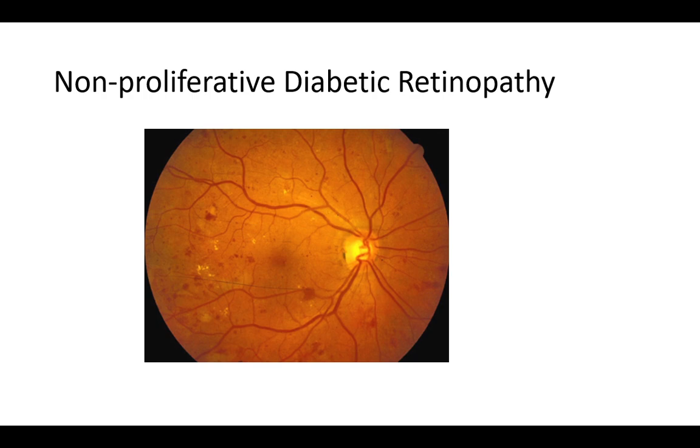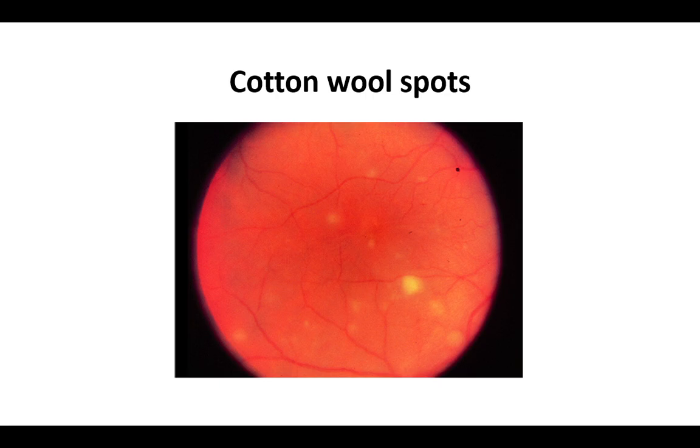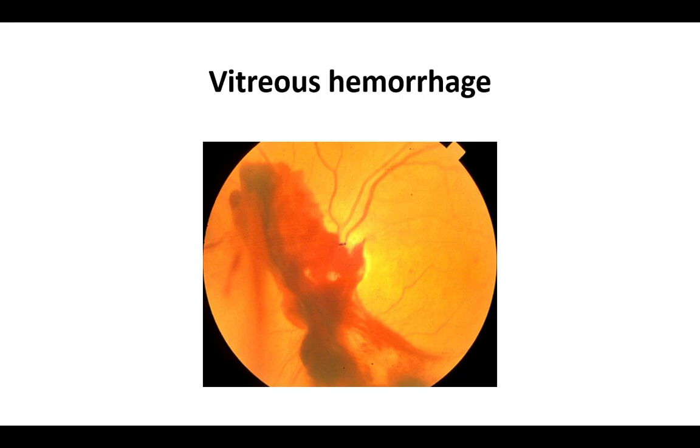Compare this to the proliferative, the one that actually looks like a hemorrhage. Both are signs of retinopathy that need attention. Most of the time the treatment is laser therapy. And the cotton wool spots, you can see the white spots here.